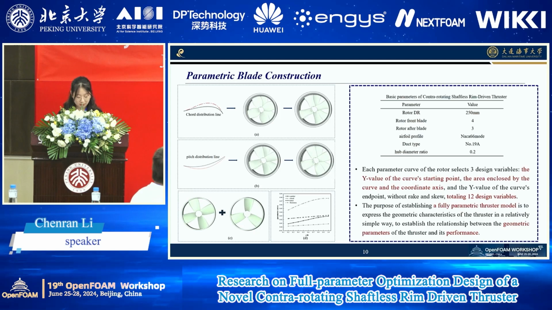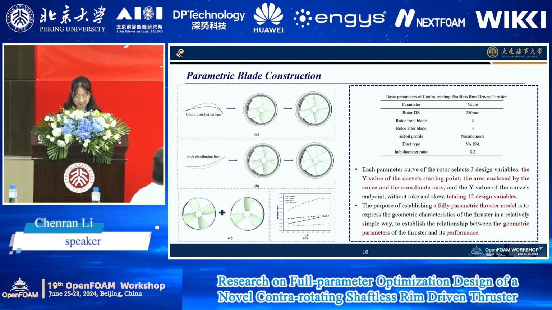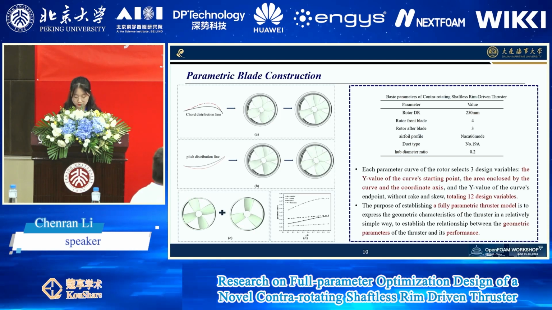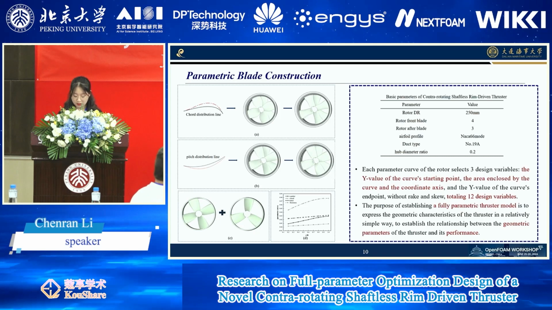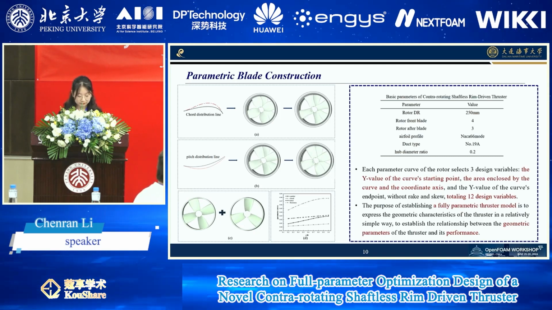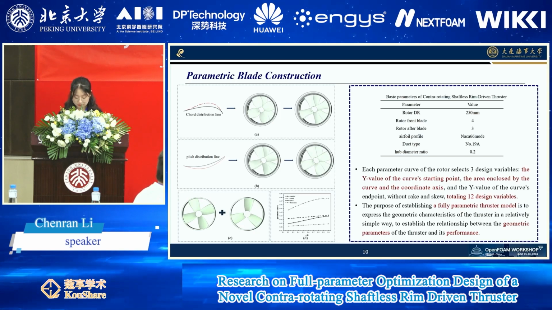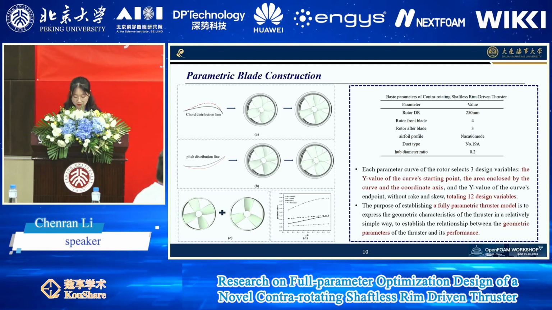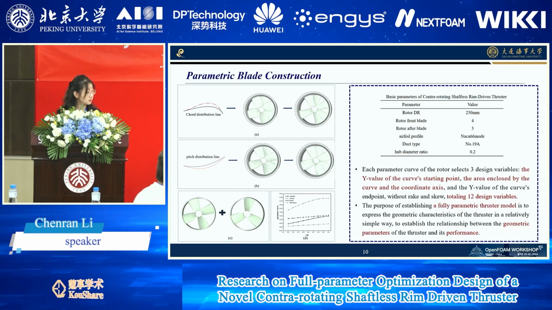The purpose of establishing a fully parametric thruster model is to express the characteristics of the thruster in a relatively simple way, to establish the relationship between the geometrical parameters of the thruster and its performance.